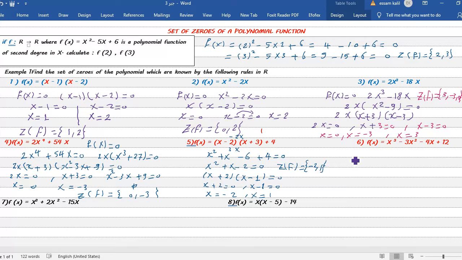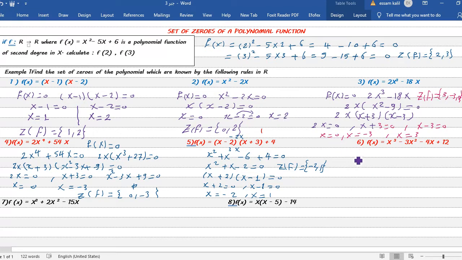f of x equals x power 3 plus 3x power 2 minus 4x plus 1 (as written), and this exercise has 4 terms. Factorization by grouping: take 2 terms and 2 terms together.